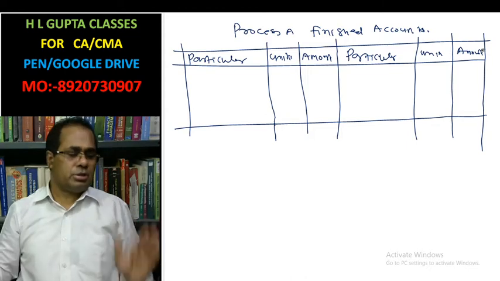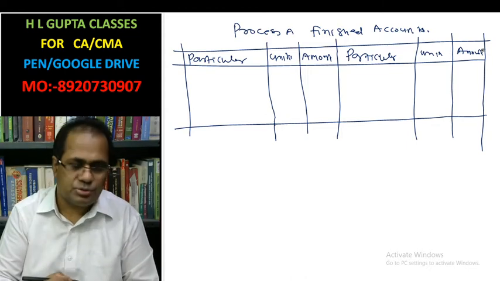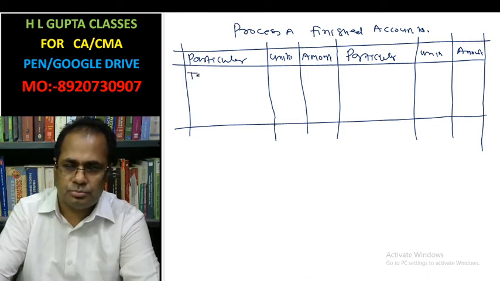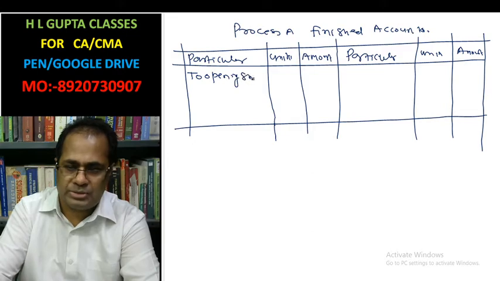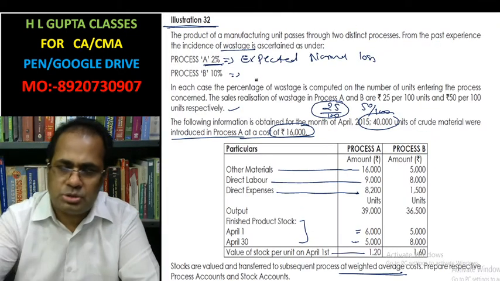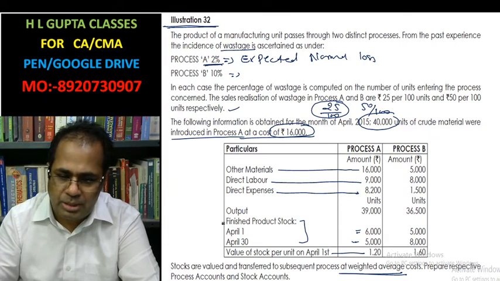Okay, please try to understand here. In this case, to opening a stock, here written opening a stock. Please try to understand it. Opening a stock, in the question it is given this is a finished account I am going to perform here.